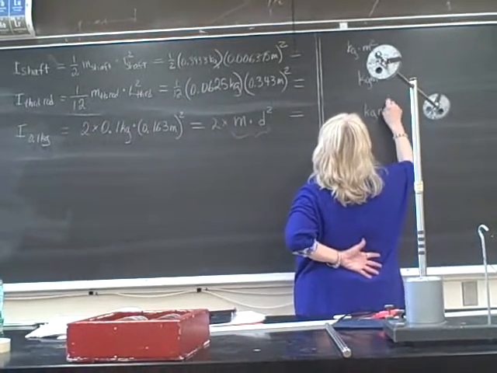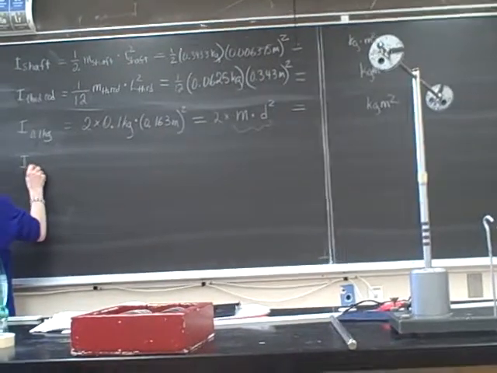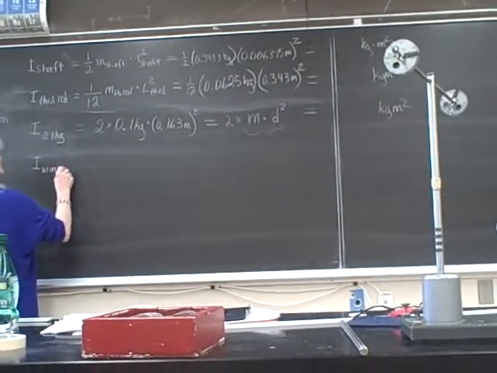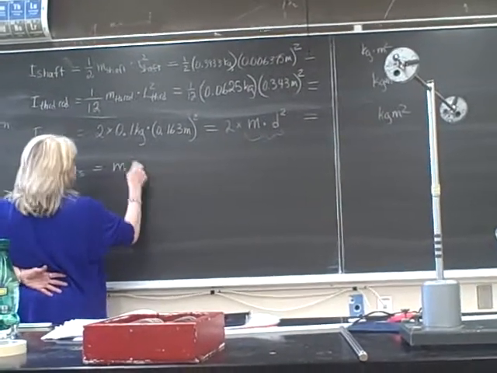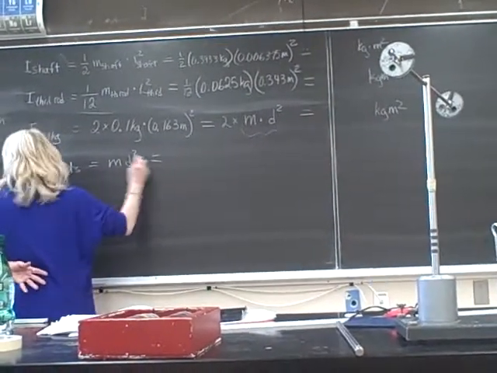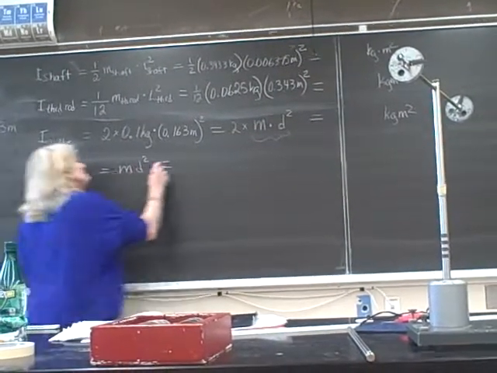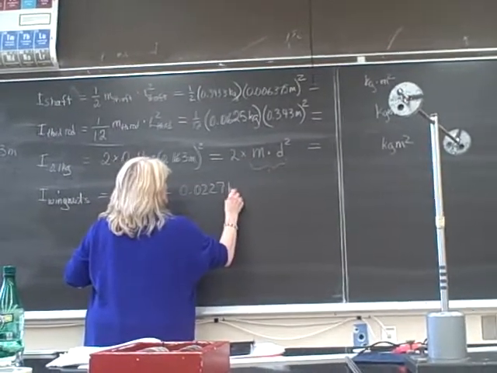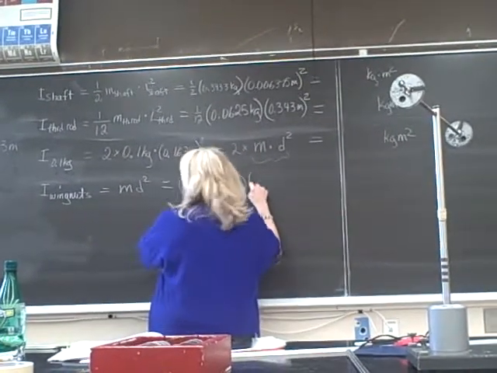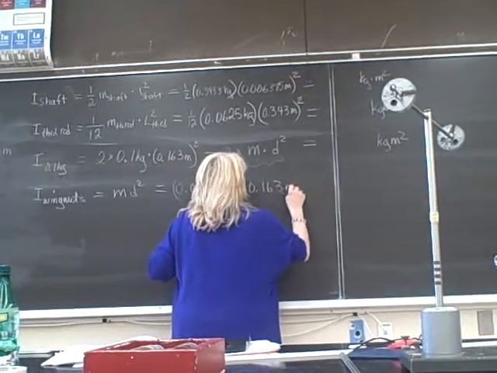Kilogram meters squared. And then we have the wing nuts. And that's just mr squared, or md squared. So it's the mass of all 4 of them together, 0.0227, times that same distance, 0.163 meters squared.